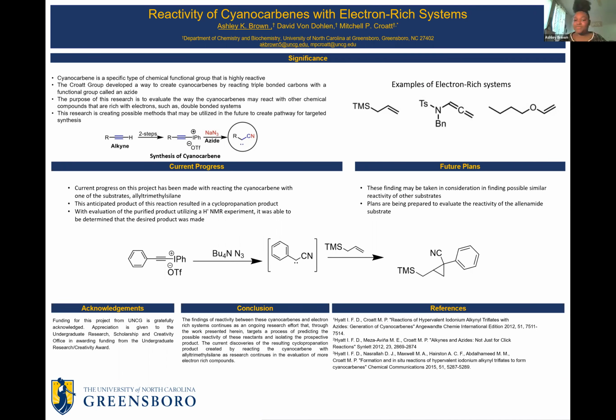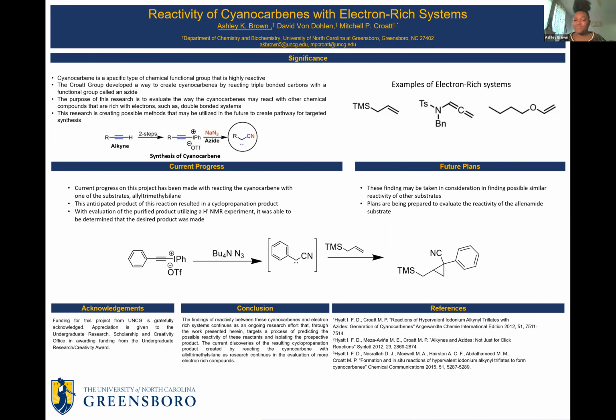We call this TMS for short. In doing this reaction, I anticipated that the product would be a cyclopropanation product. Having inserted my substrate, I was able to perform isolation techniques and isolate this specific product.